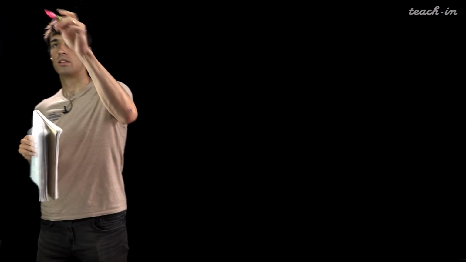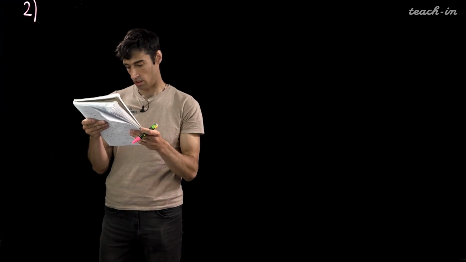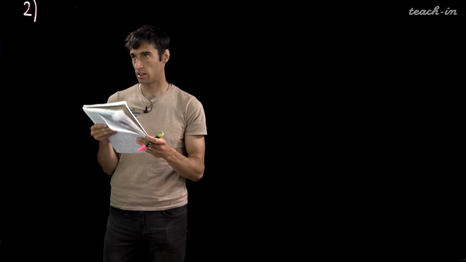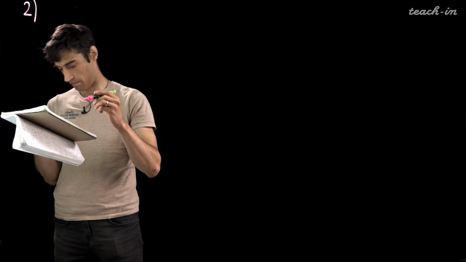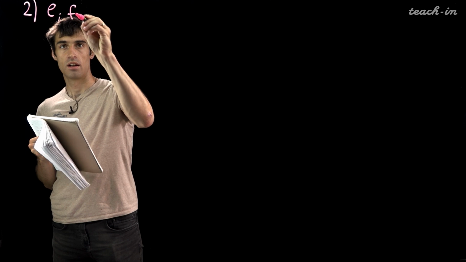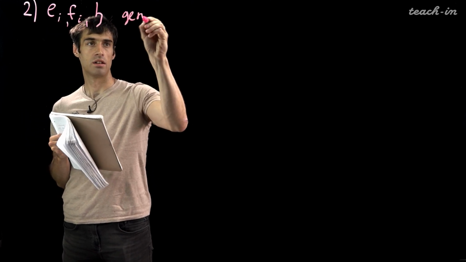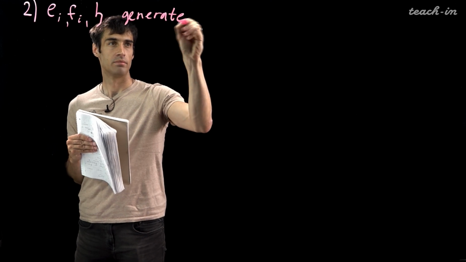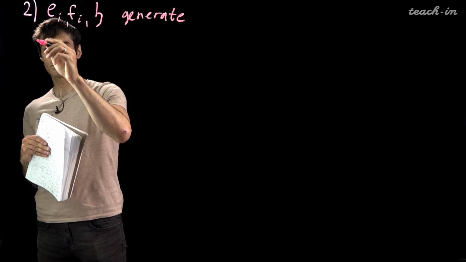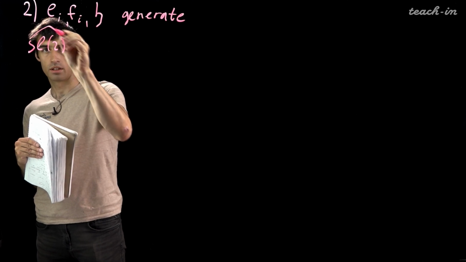The second thing that we would like to have on our agenda is to check that they are really generators. So E_i, F_i, and H generate the whole Lie algebra SL2 hat.